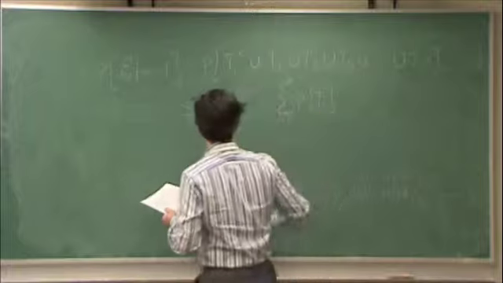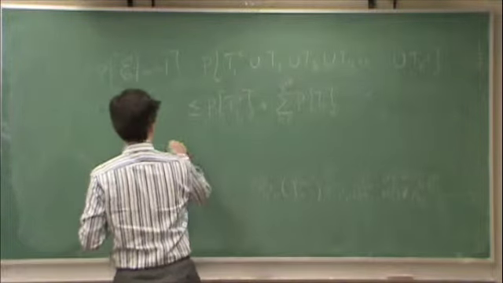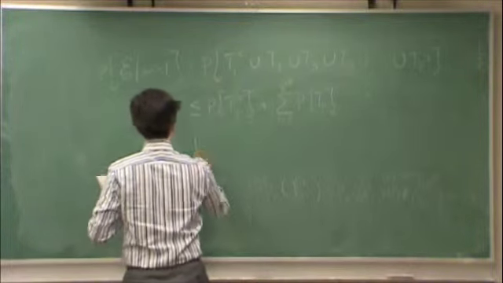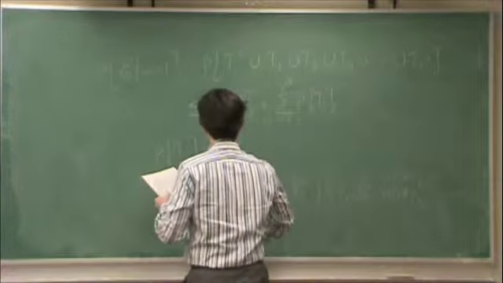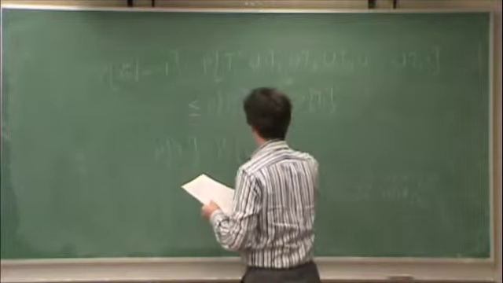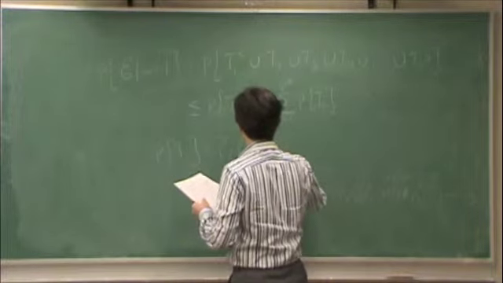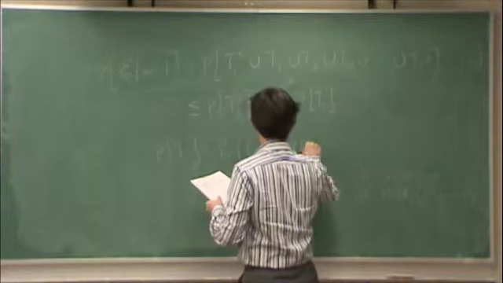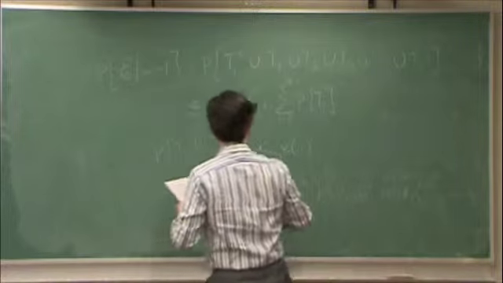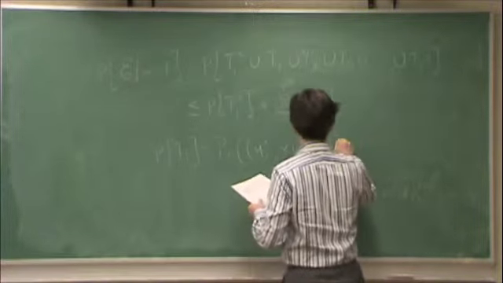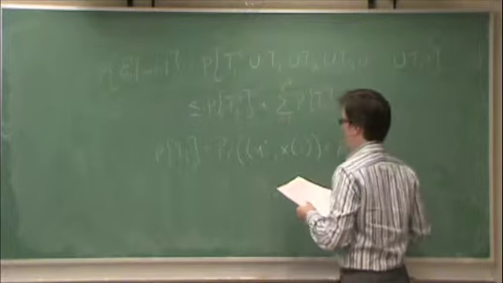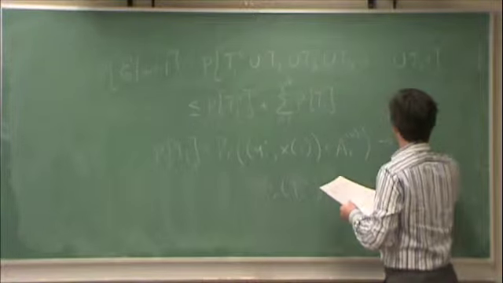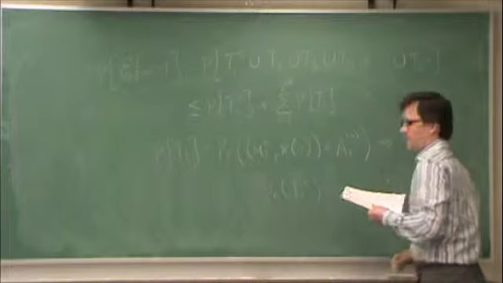So, what is the probability of Ti? This is the probability that y1 to n and xi are in the typical set for i not equal to 1.